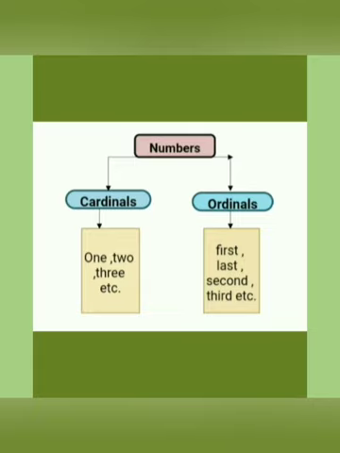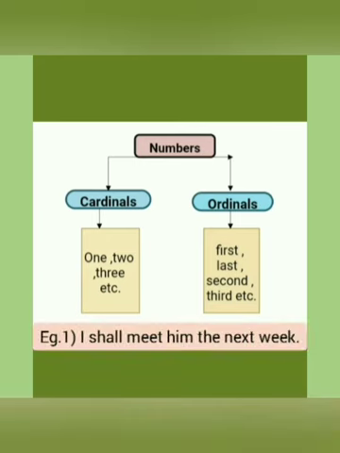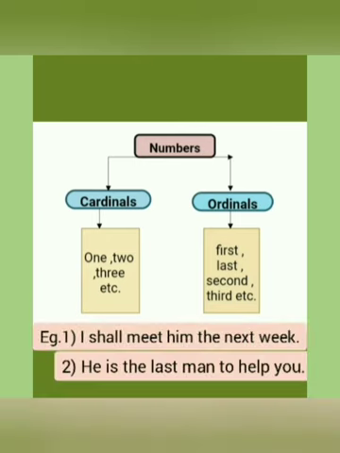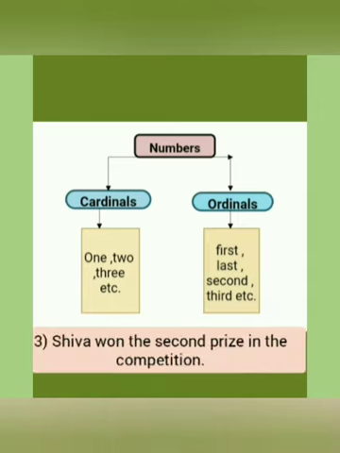Whereas ordinals are numbers used before a noun to indicate order, rank, or position. For example, first, second, next, last, etc. So the sentences are I shall meet him the next week. He is the last man to help you. Sentence number 3 Shiva won the second prize in the competition.